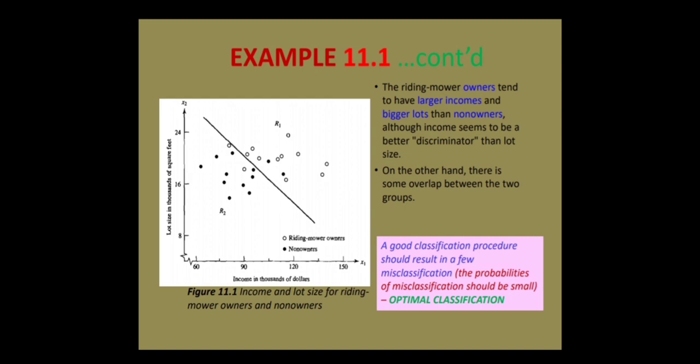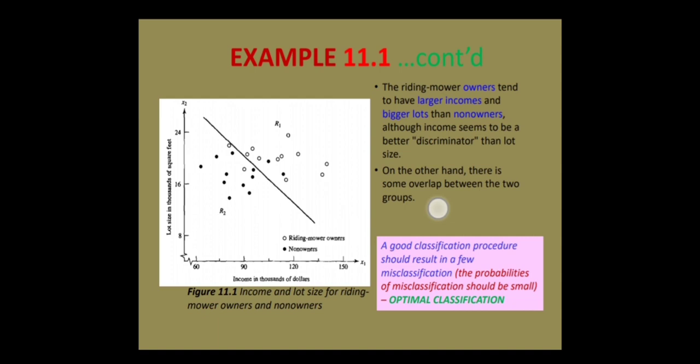So here we call them incorrectly classified. Okay, some of the owners, these two, would be incorrectly classified as non-owners, and also the non-owners will be incorrectly classified as owners.